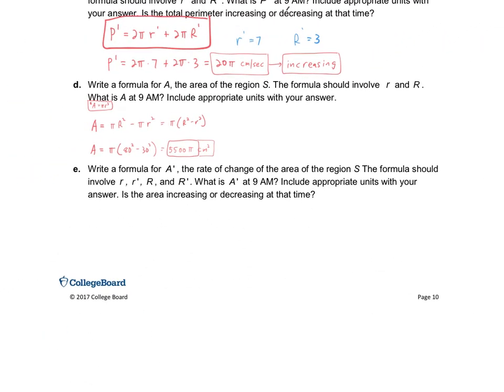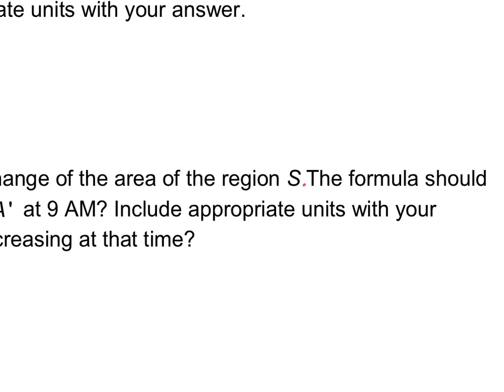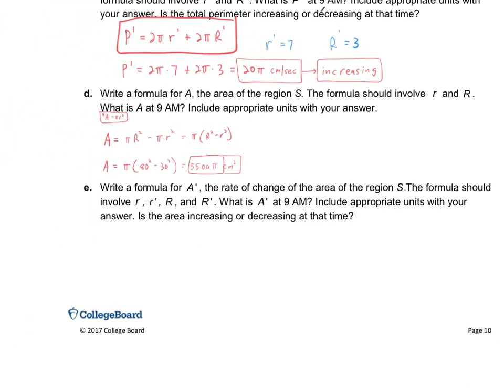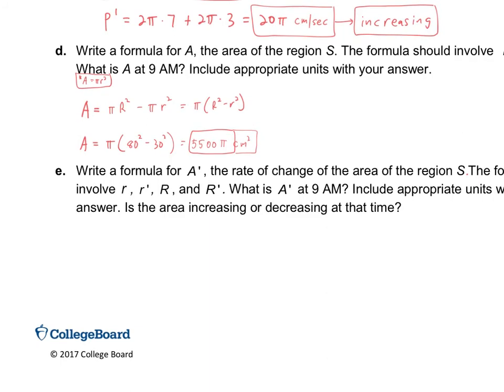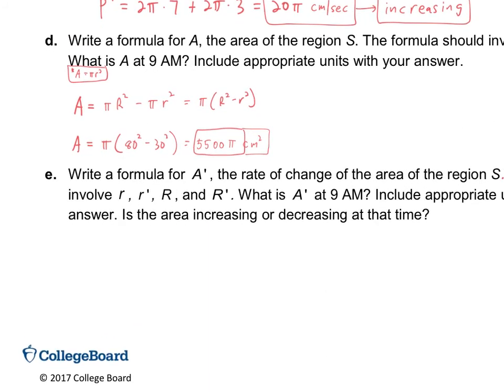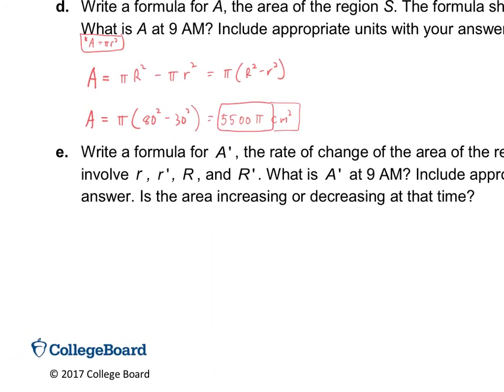Write a formula for A prime, the rate of change of the area of region S. So that means we're going to have to take the derivative of this area formula up here. If you have a constant that's multiplied, just rewrite the constant.